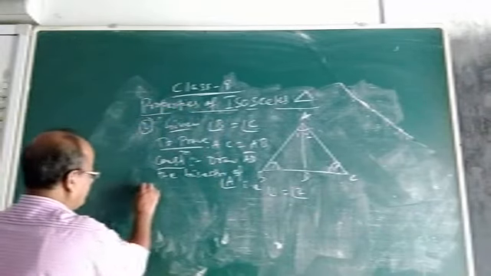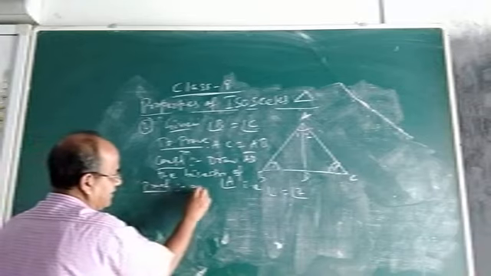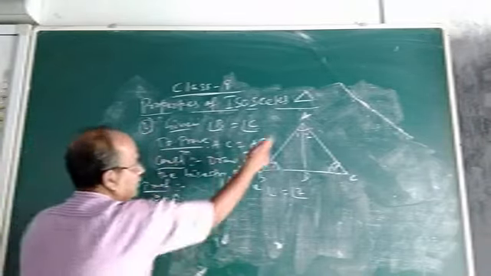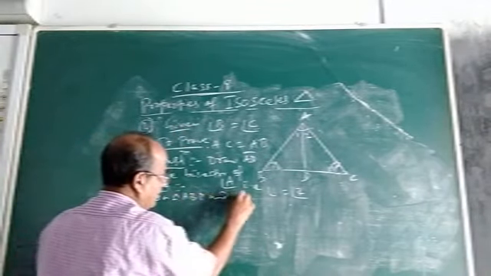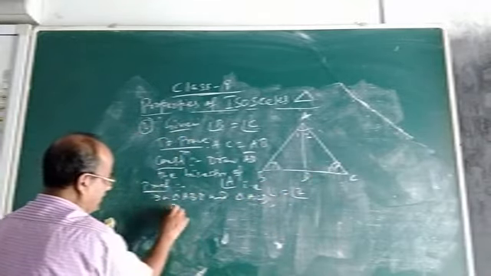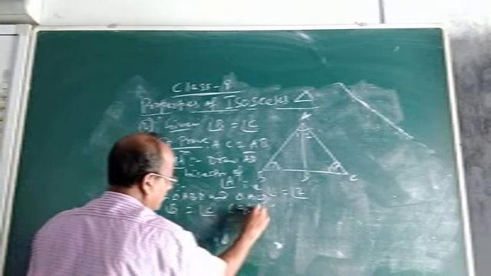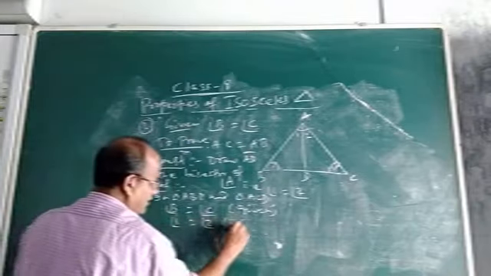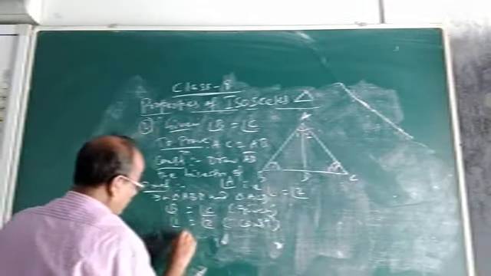Now I am writing the proof. See, how to prove? In triangle ABD and triangle ACD, angle B equal to angle C, it is given. Angle 1 equal to angle 2, it is by construction, and AD is common.